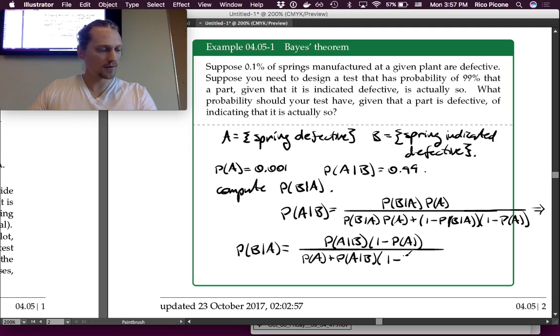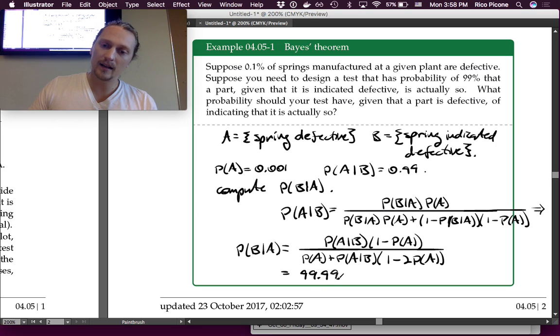Minus 2 times the probability of A. Okay, so we know all of these things, so we can plug it in, and what we get is 99.999%.